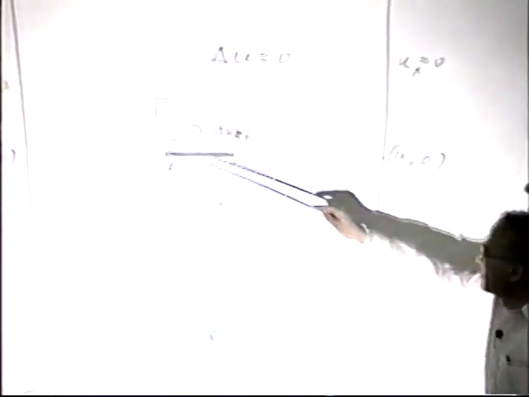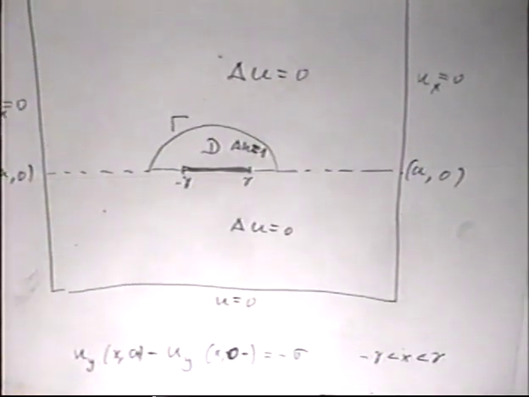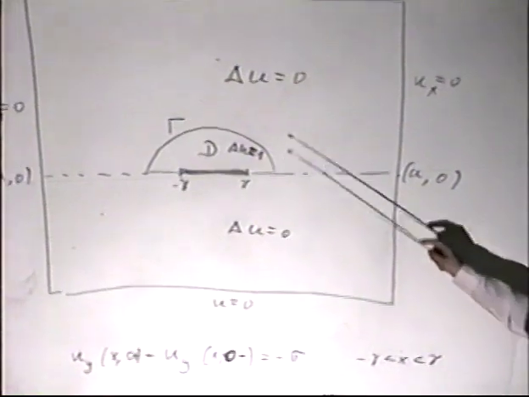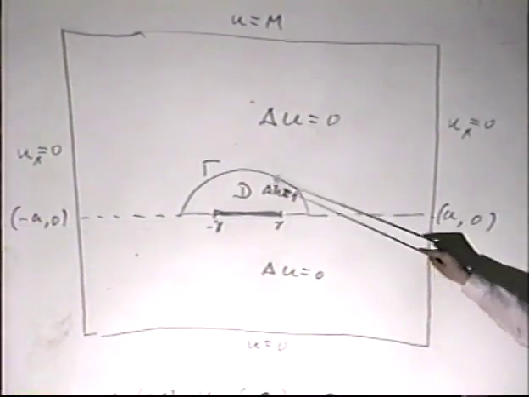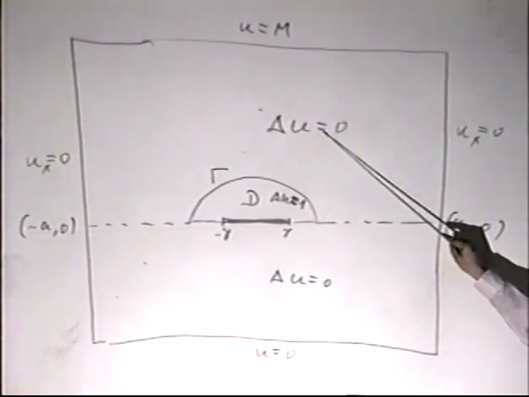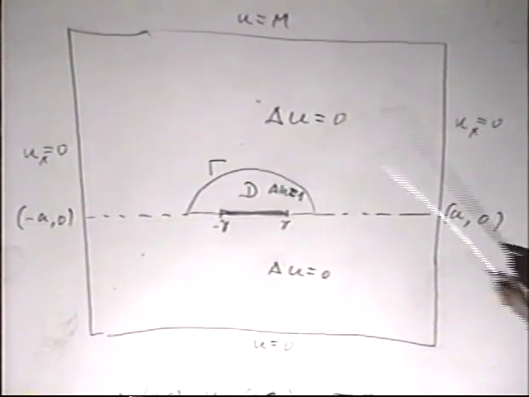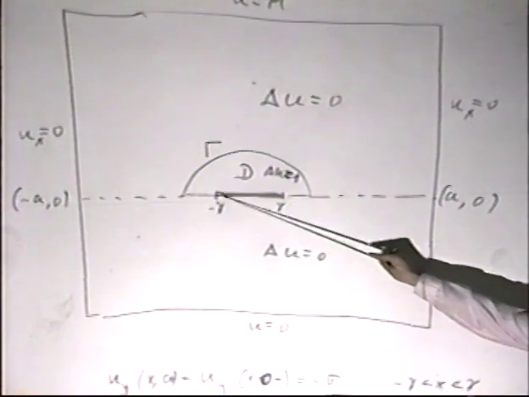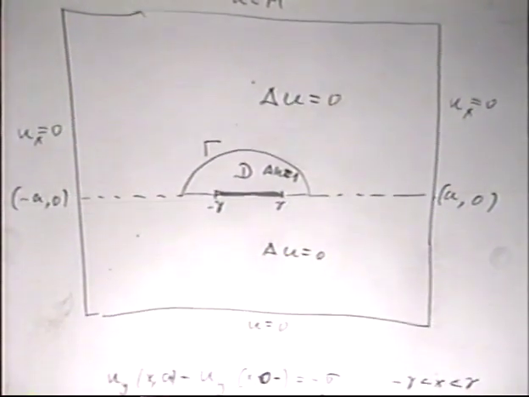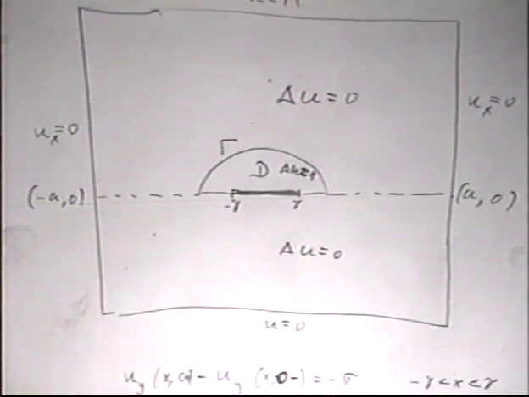So this will be the dark part, and so Laplacian u is 1 here, Laplacian u is 0 here. This is a Neumann condition. The x derivative is 0 here and there. This is where the charge was. A charge on a thin layer means that there is a jump in the electric field.